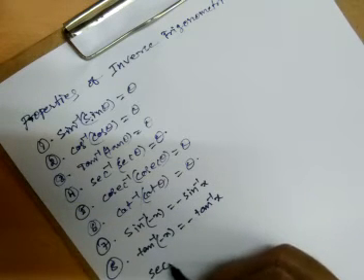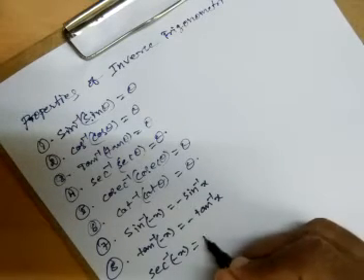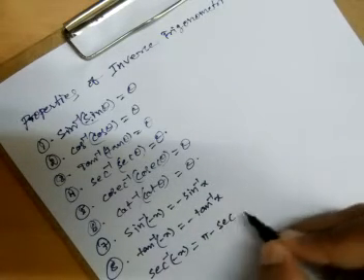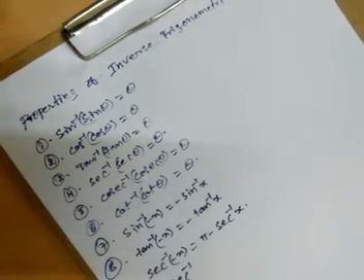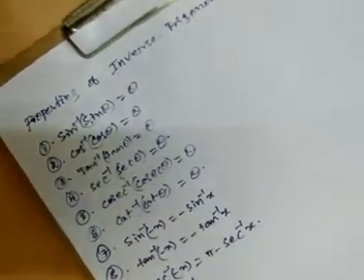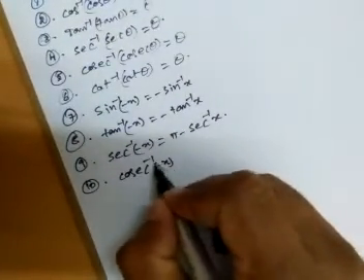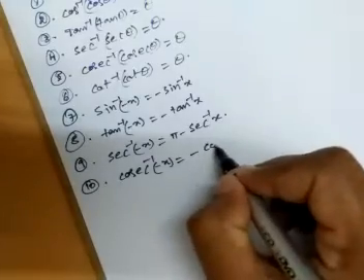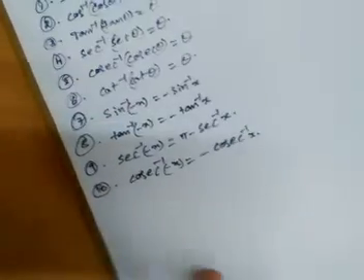Secant inverse of minus x equals pi minus secant inverse of x. Cosecant inverse of minus x equals minus of cosecant inverse of x.